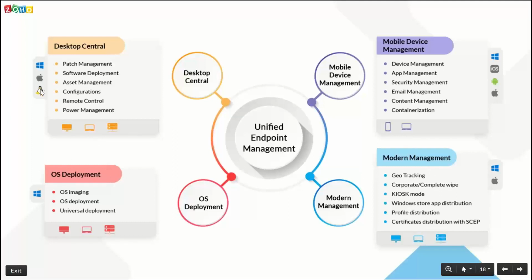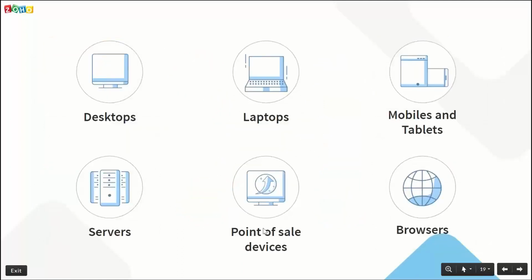So the applicable OS and the devices for each of these feature sets are mentioned on the site. With Desktop Central, you can manage a variety of endpoints like laptops, desktops, mobiles and tablets, servers, point-of-sale devices, and browsers.